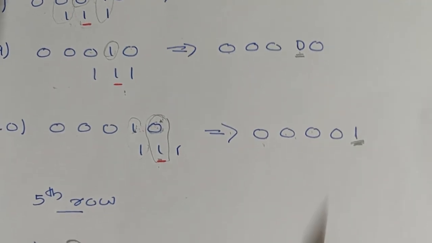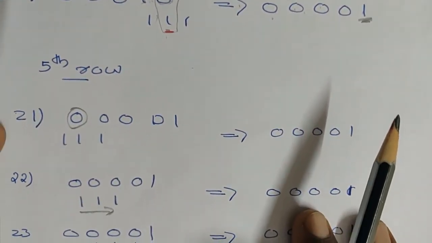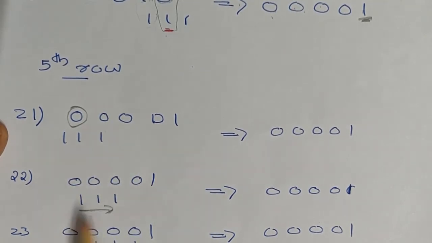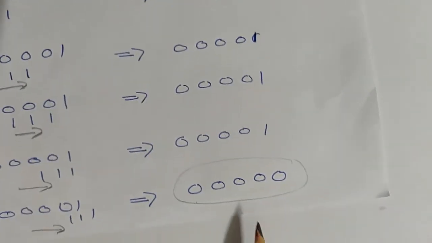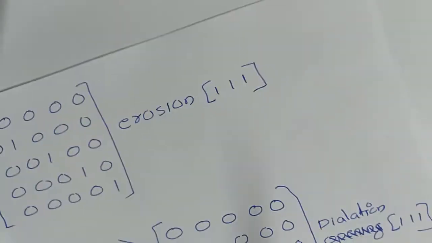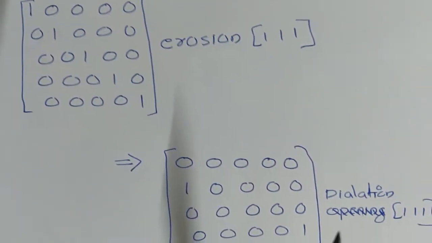Now the same operation is done for the fifth row, and the final result will be 0, 0, 0, 0, 0. This is the final result after the erosion operation.